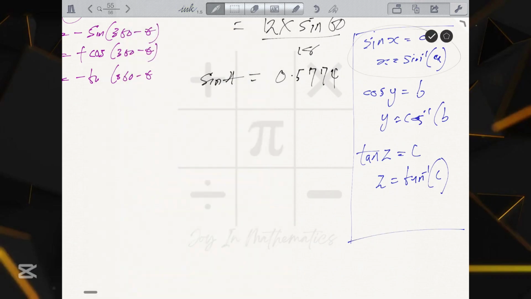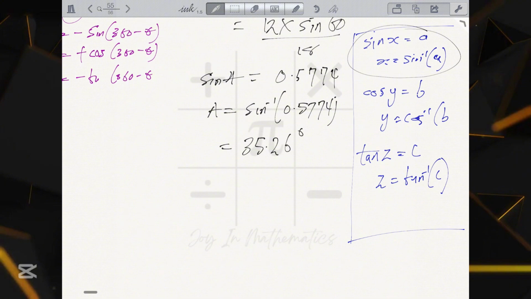We just have to take A to be the arc sine of 0.5774, and this would give us 35.26 degrees.